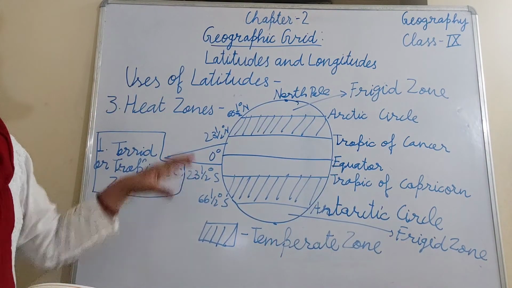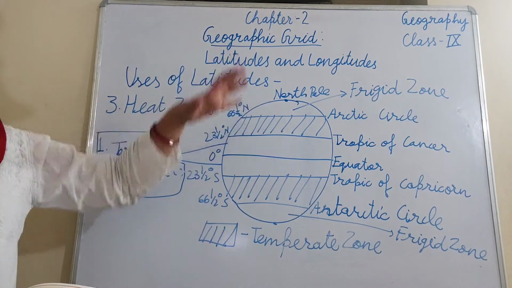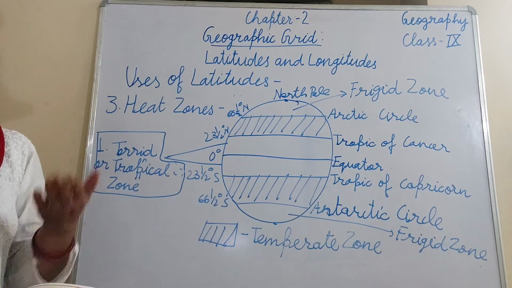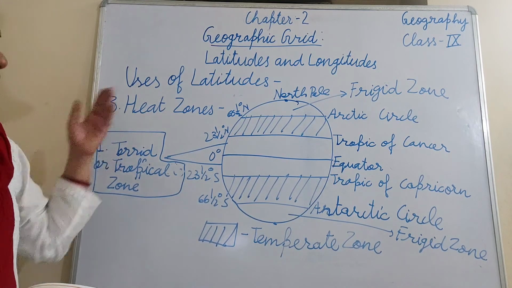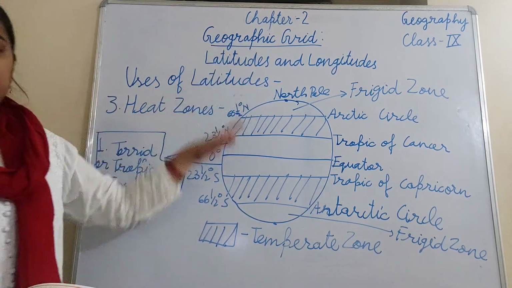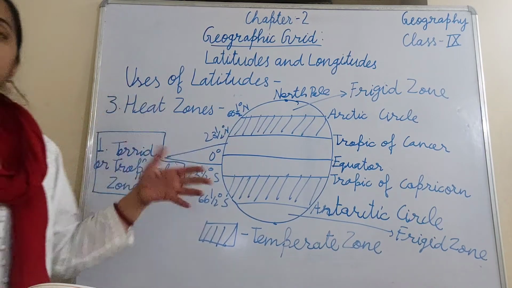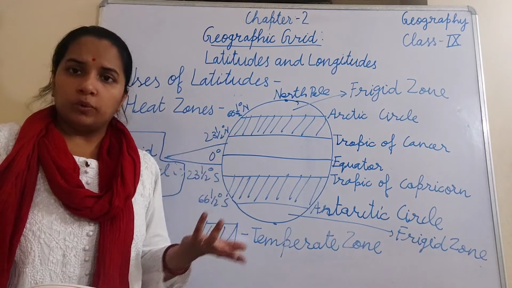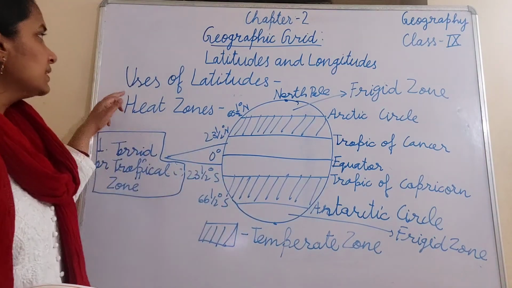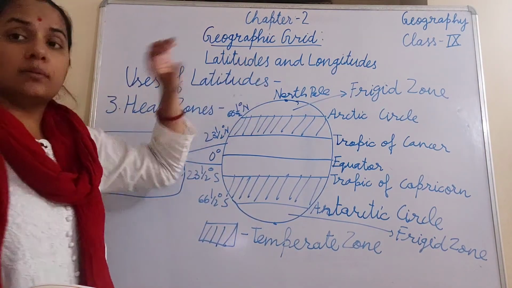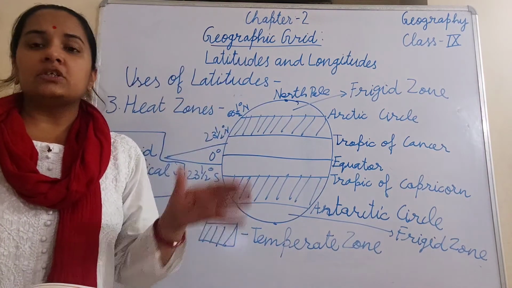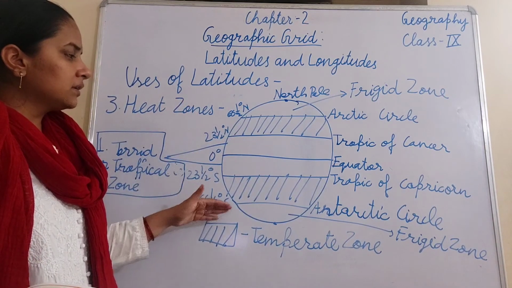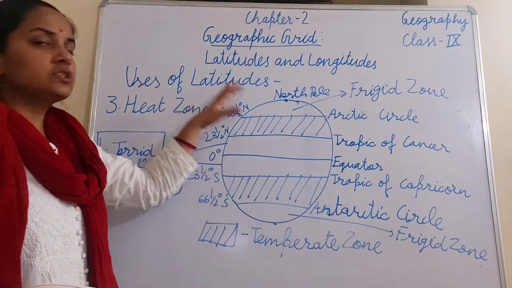Because it is near the polar region, and it receives the slanting rays of the sun. So the temperature recorded here is very, very low. So in this way, these important lines of latitude that we have learned divide the Earth into these 3 heat zones.